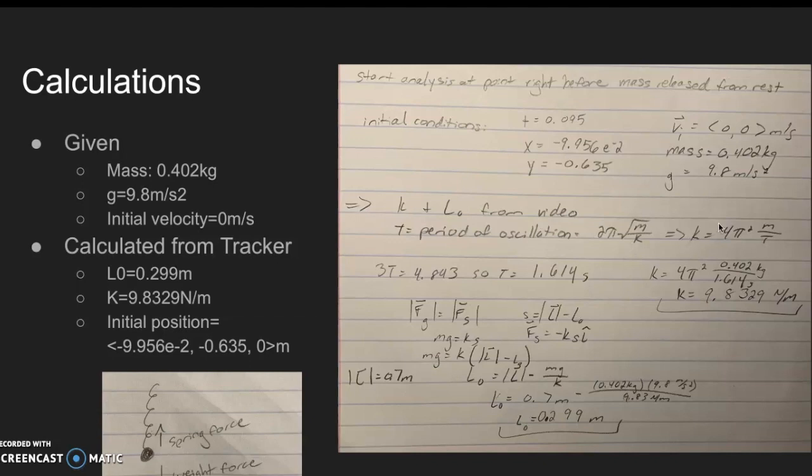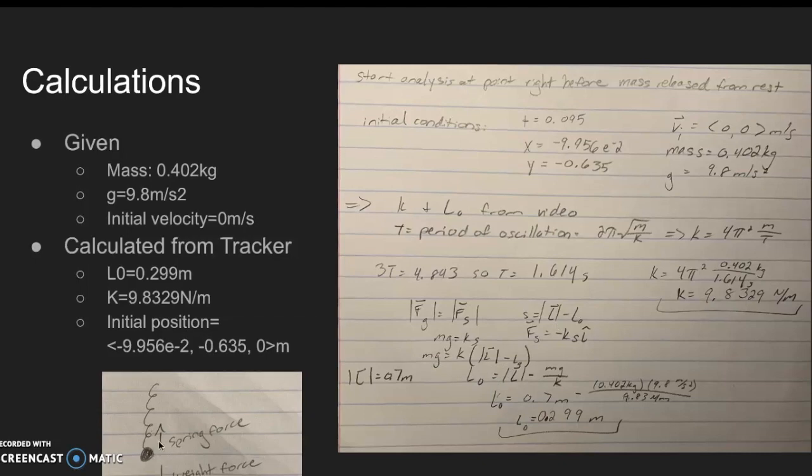Then I plugged in the values I was able to get from Tracker to find the spring constant to be about 9.8 Newtons per meter. Then I used a few equations for spring constant to find that the force of gravity is equal to the force of the spring, and from there I was able to solve for the relaxed length of the spring to be 0.299 meters.